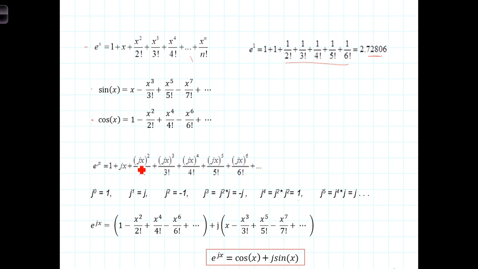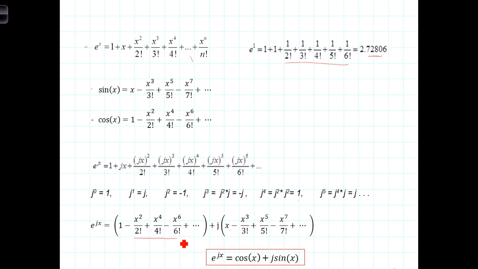With that in mind, take each of these j terms. Here I've got j squared. That gives me a minus 1 here. J cubed is minus j. J to the fourth is a plus 1. J to the fifth is j. Notice, if we take these terms, half of them are real, and half of them still have the imaginary component j in them.